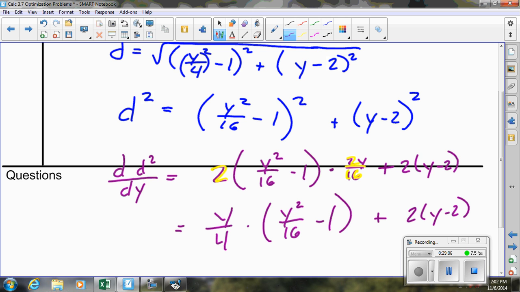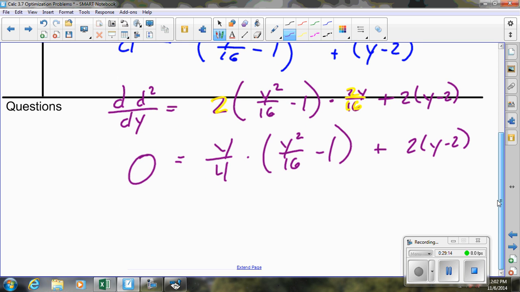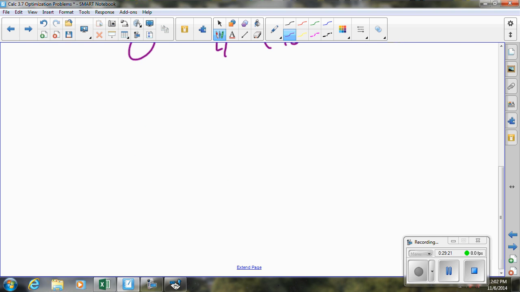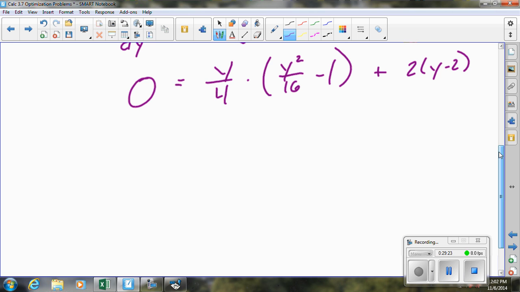And of course, we want to know when is our derivative equal to 0, or where does the derivative not exist? Do we run into any problems with dividing by 0? Nope. With our y squared piece, we know for a constraint that we can't take the square root of any kind of negative. So that's a piece that we'll have to keep in mind.